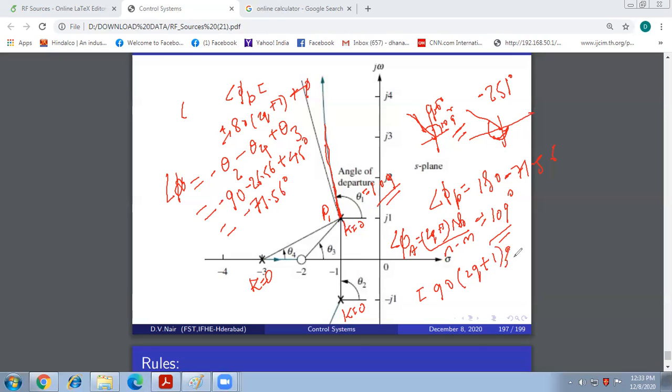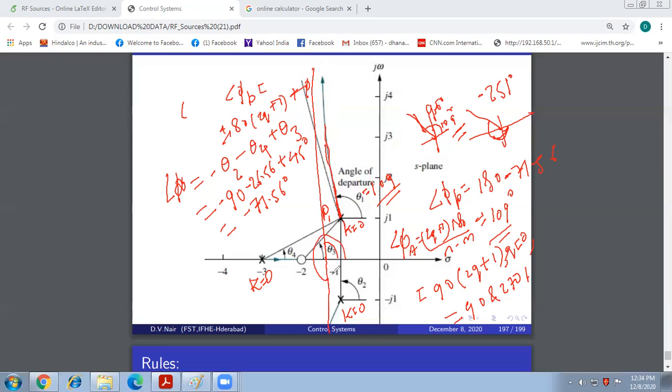As q starts from 0 and ends at n minus m minus 1, it will end at 1. So for q equal to 0 it will be 90, and for q equal to 1 it will be 270. So you can see there will be two asymptotes. Let us say the centroid is here. So this is 90 degrees, and let us say another is at 270.